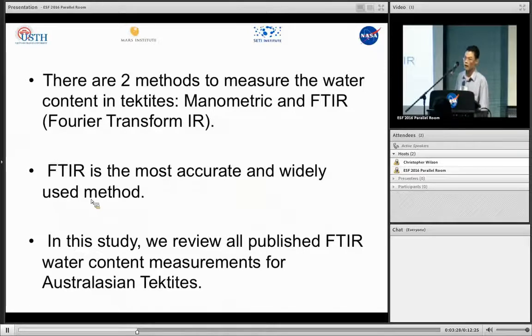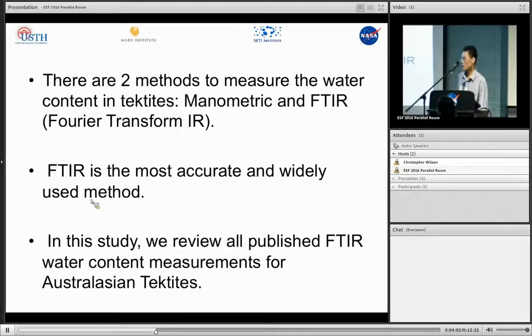The second method is Fourier transform infrared spectrometry. Basically, you send an infrared light beam and receive the absorption spectra, and from the absorption intensity you can derive the water concentration. FTIR is the most accurate and widely used method. In this study, we review unpublished FTIR water content measurements for Australasian tektites.